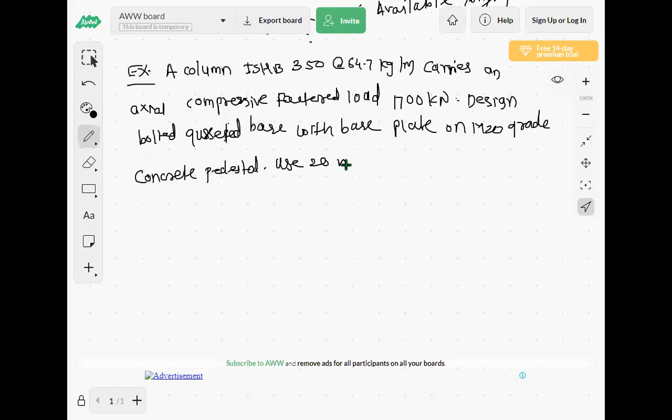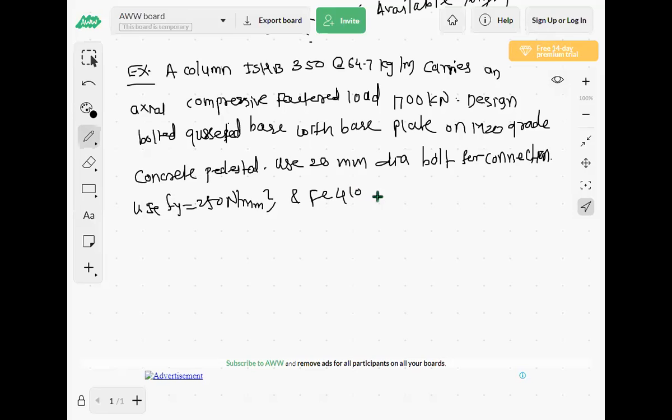Use 20 mm diameter bolt for connection. Use Fy equal to 250 Newton per mm square and Fe410.